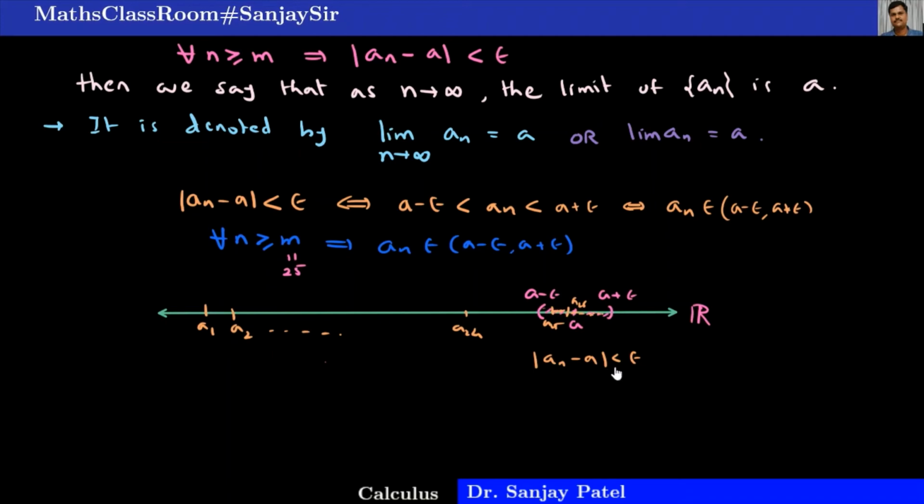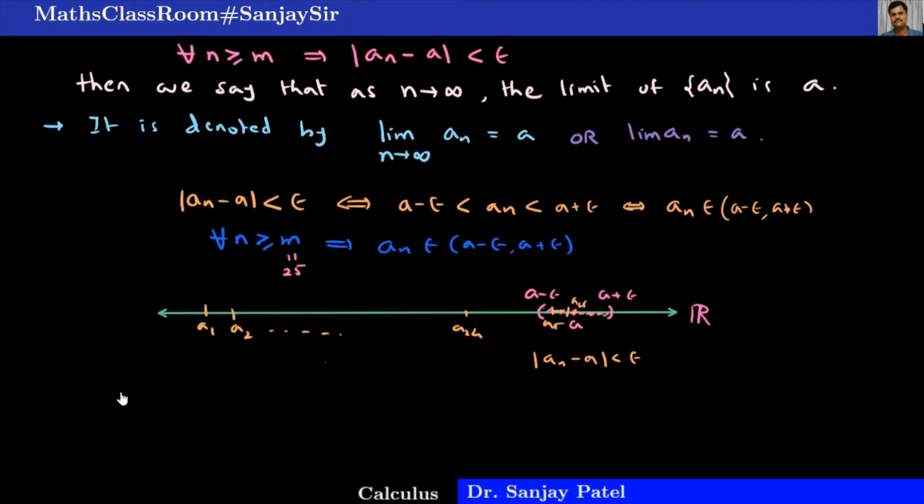So in short, if you find some number a, whatever small neighborhood of this point a you choose, if you can accommodate infinitely many points except a few points, then that sequence is said to have a limit a, or it is said to converge to the point a.